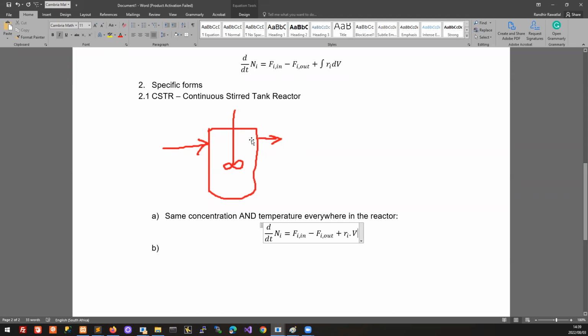So our exit molar flow will have the same concentration C_i, which is in the reactor. So to make all that a bit clearer, let's assume a certain reaction first. So say first order.